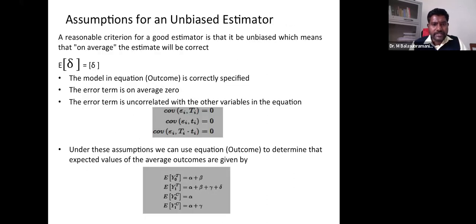Second, the error term has an average of 0, meaning the average value of the error term must be 0. This is not a hard assumption, because if any other influence is there, it can be explained through the alpha term, the constant term. Understand? Now the third one: the error term is uncorrelated with the other variables in the equation. This is the fundamental assumption.